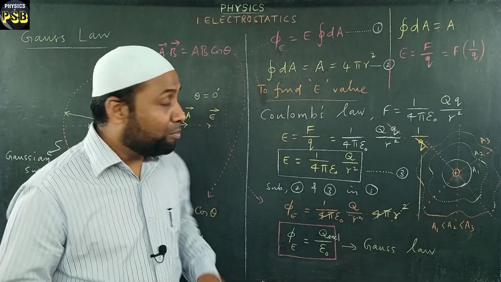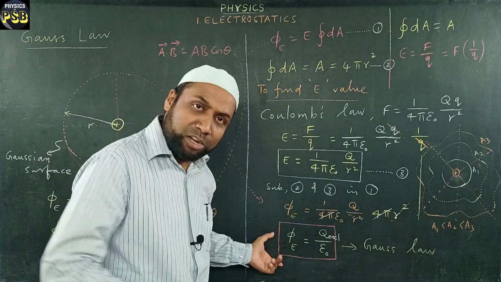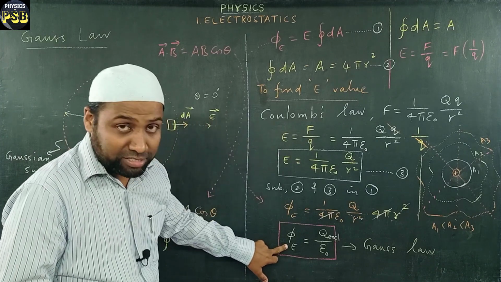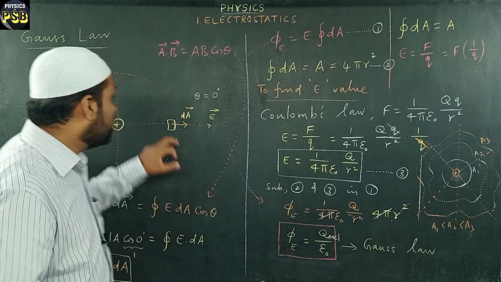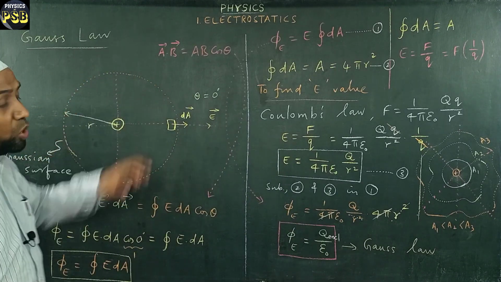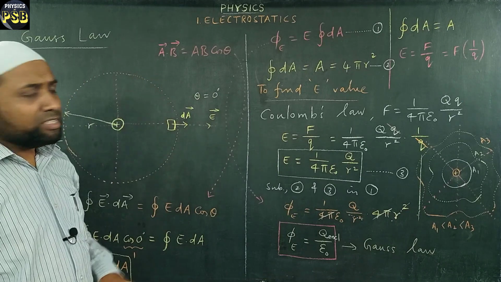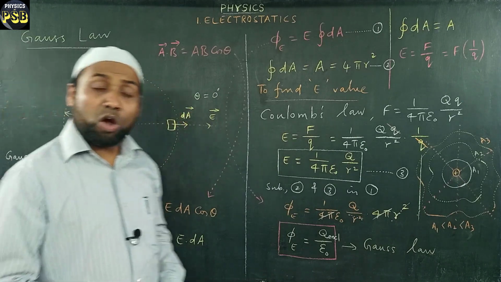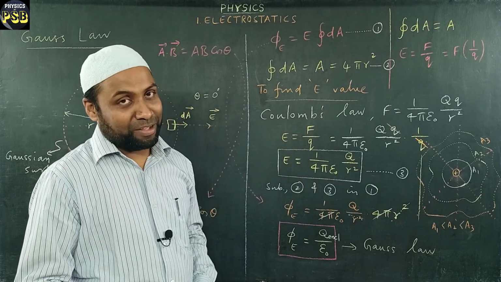Let me provide some more information about the Gauss law. From this expression, it is clear that the electric flux depends on the charge enclosed by this closed surface. The charges present outside the closed surface do not contribute to the electric flux.